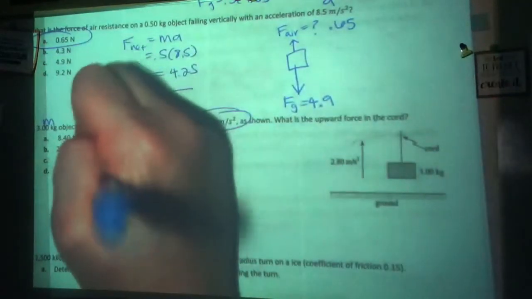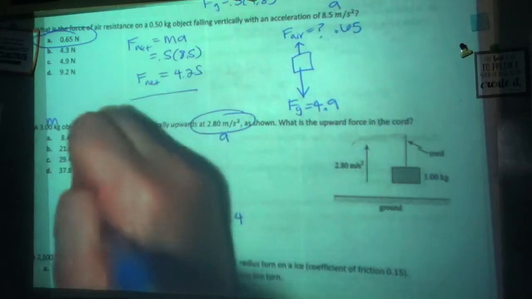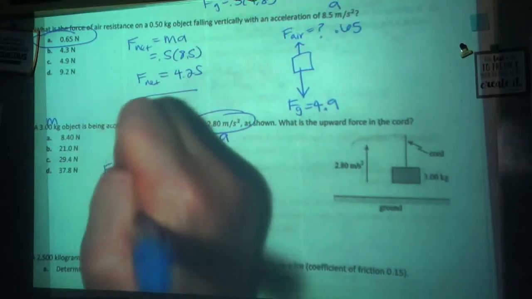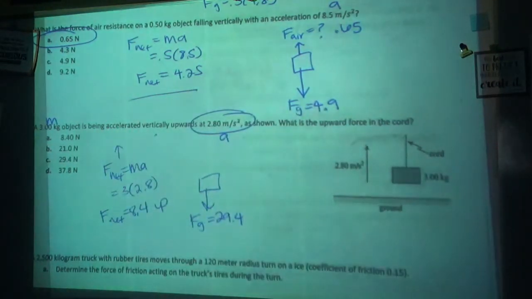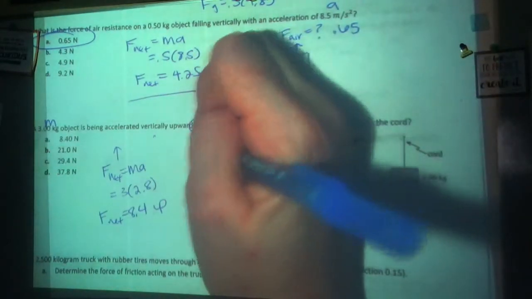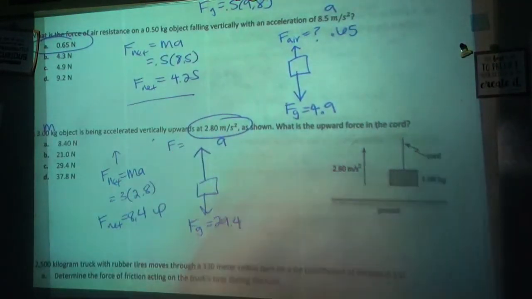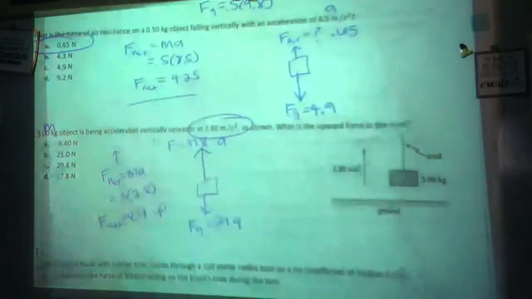I have the acceleration, you can plug in and find the net force. It's 3 times 2.8, which gives me a net force of 8.4, and that's directed upwards because it's accelerating up. So if the net force is up, that means the force up must be bigger. So the force up is just this one plus the 8.4, and that's going to give me the 37.8, which was D.